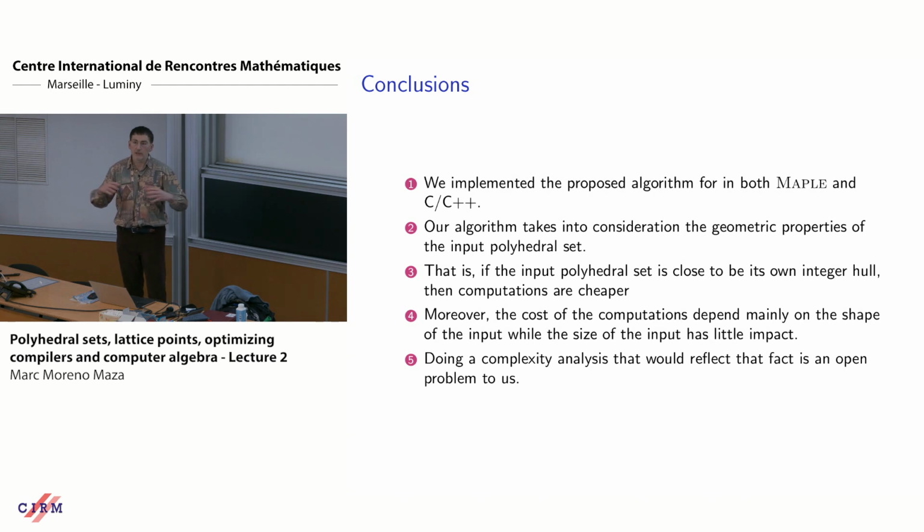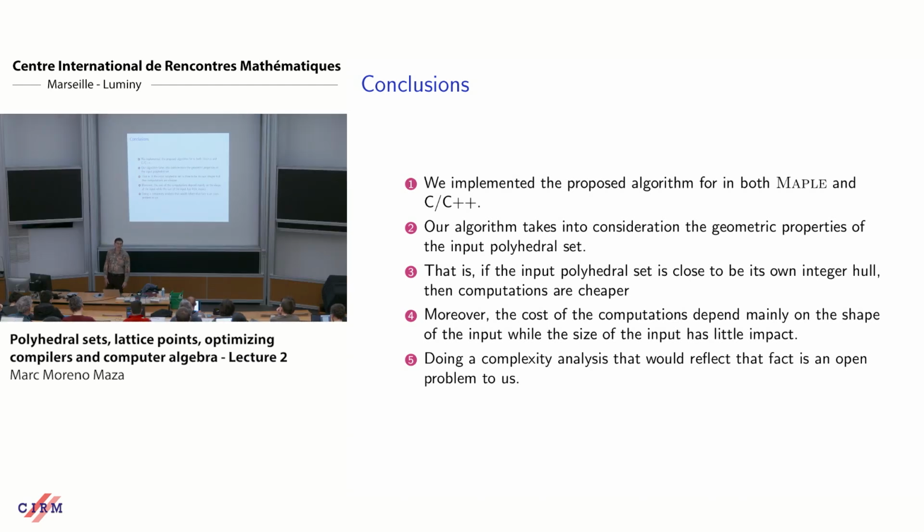And again, the algorithm should not depend much on the size or the volume, but it should really depend on geometrical properties, like the number of vertices of the integer hull. But we have not been able yet to give some complexity estimates. That's something a little bit difficult. If anyone has any ideas, I would be very happy to have your suggestions. Okay, any questions about integer hulls?